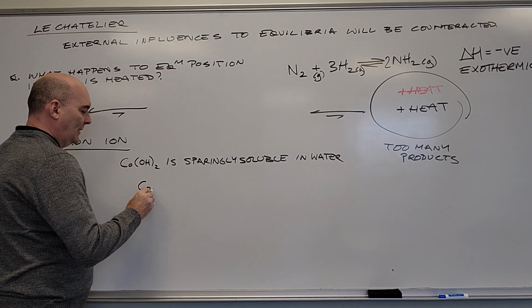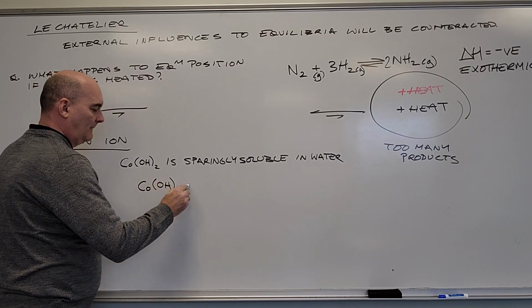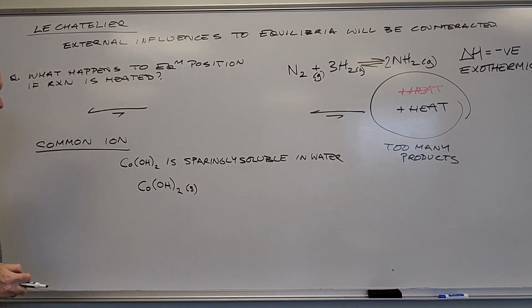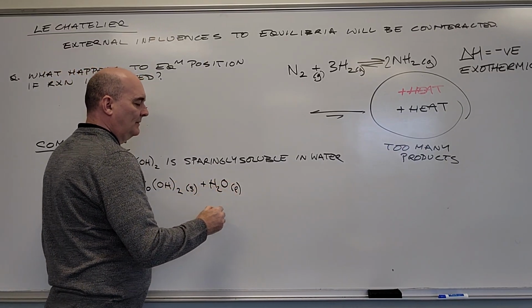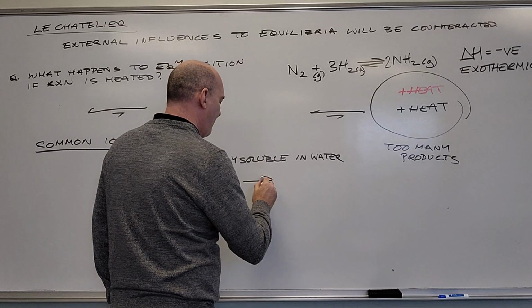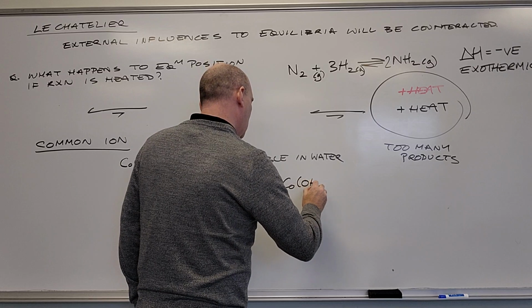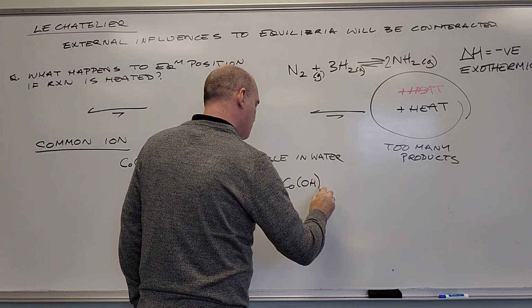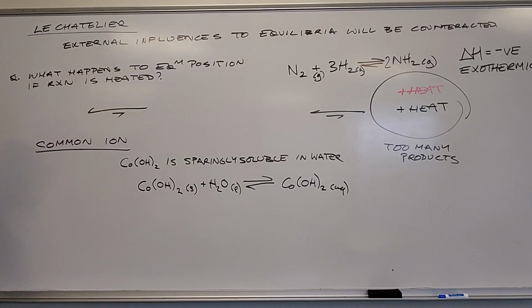And we would write that equilibrium something like this. Here is cobalt hydroxide. And we can write the water in on this side if we want to. It's going to make no difference in the end. And it goes to being aqueous cobalt hydroxide.